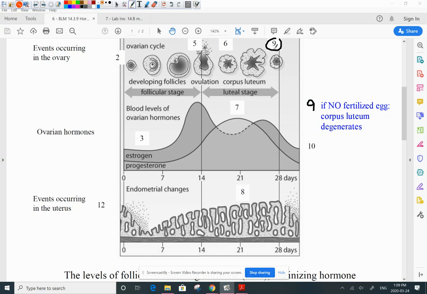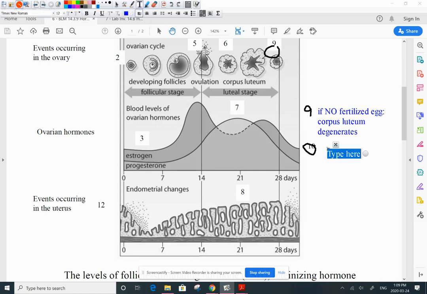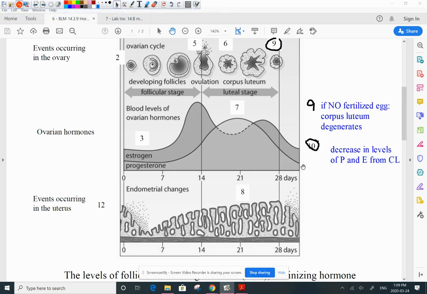And because the corpus luteum is the guy secreting progesterone, what do we see here for number 10? Well, we now see a dramatic drop, a decrease in the levels of progesterone and estrogen coming from the corpus luteum because it's not there anymore. It's degenerating, it's dying and shriveling up. So we see less progesterone and estrogen.